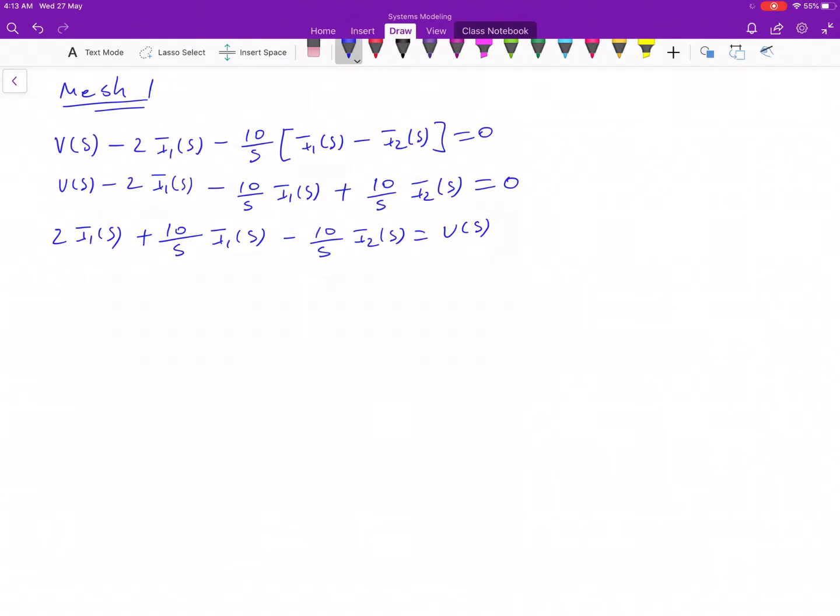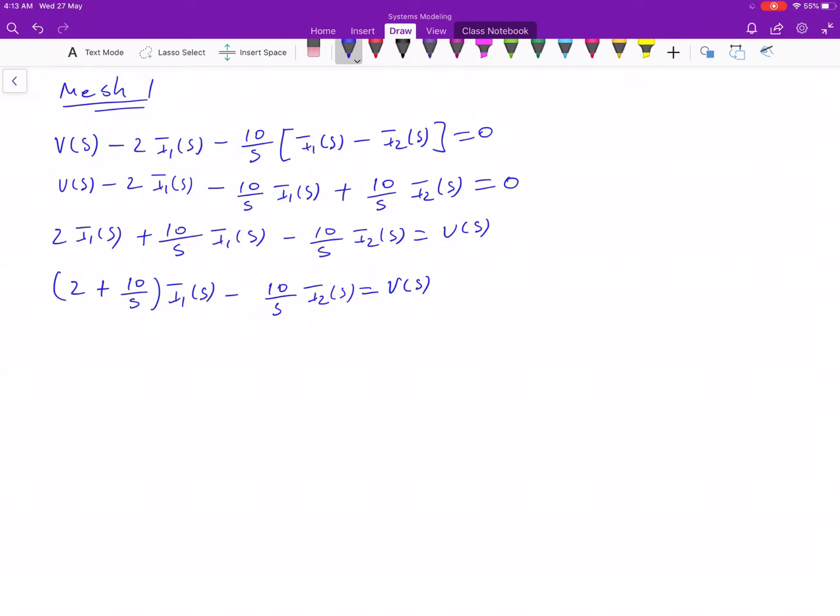And we can factor the I1 of s out. So we are going to have 2 plus 10 over s, times I1 of s, minus 10 over s I2 of s, is equal to V of s. Okay, so that part is done.